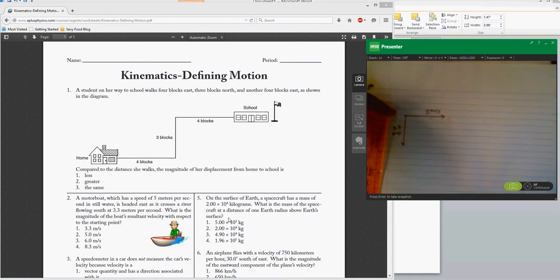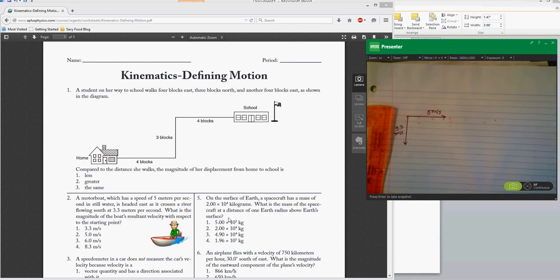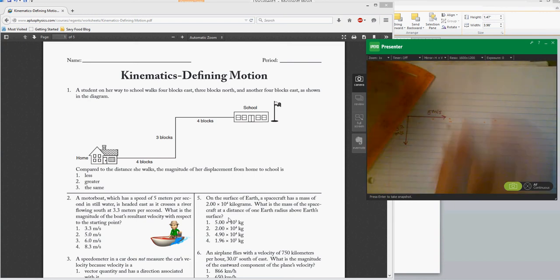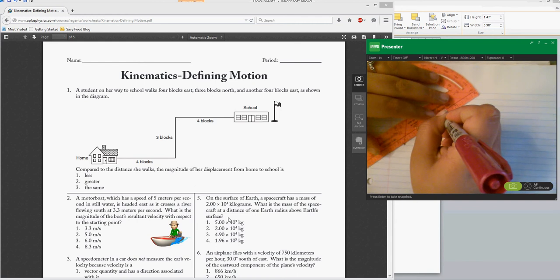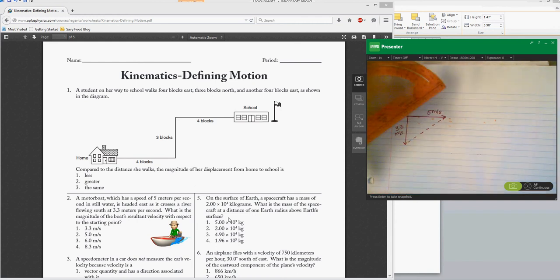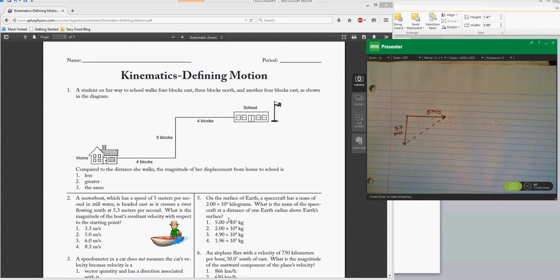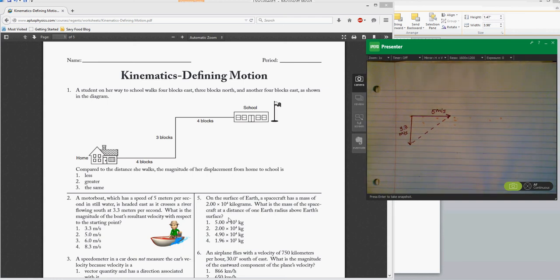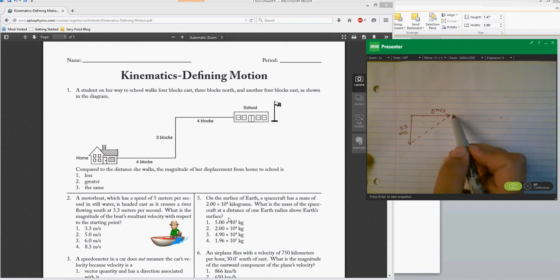And then the next one is 3.3 meters per second flowing in the south direction. Okay. So we know that the resultant vector should be traveling in this direction here. But this question does not ask for the overall direction. You just have to find the magnitude.